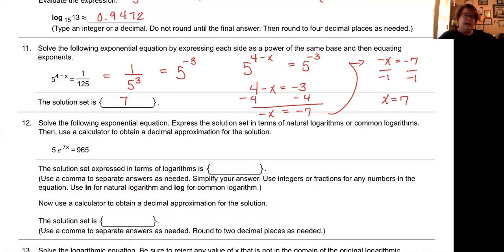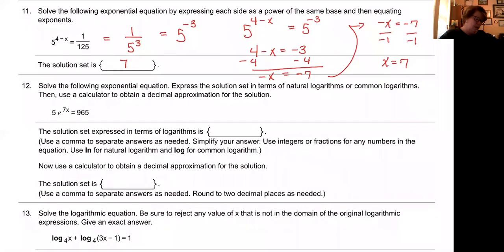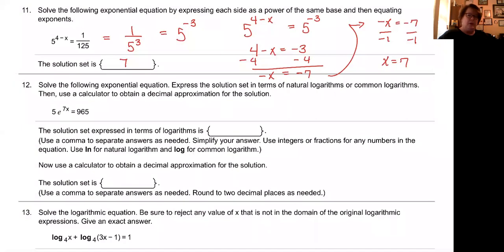All right, the next problem, solve an exponential equation. Solve the following exponential equation. Express the solution set in terms of natural logarithms or common logarithms. Then use a calculator to obtain a decimal approximation for the solution.